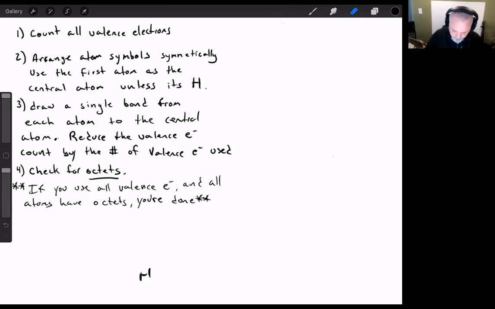Okay. So let's do another example. NH3. Let's try to run through the rules real quick. Count valence electrons. This is the last time I'm going to draw it out like this.